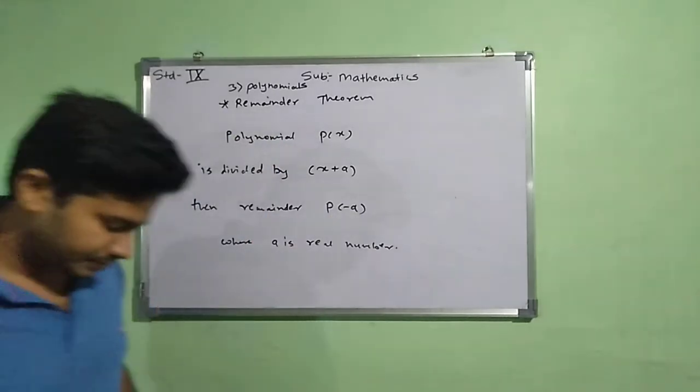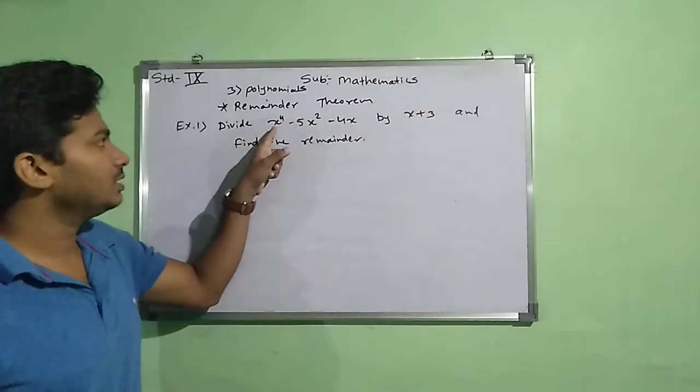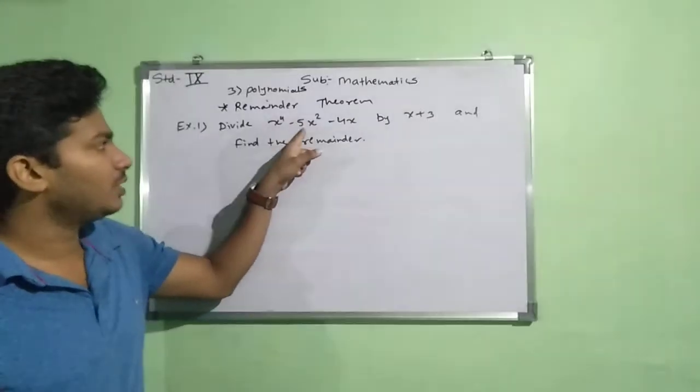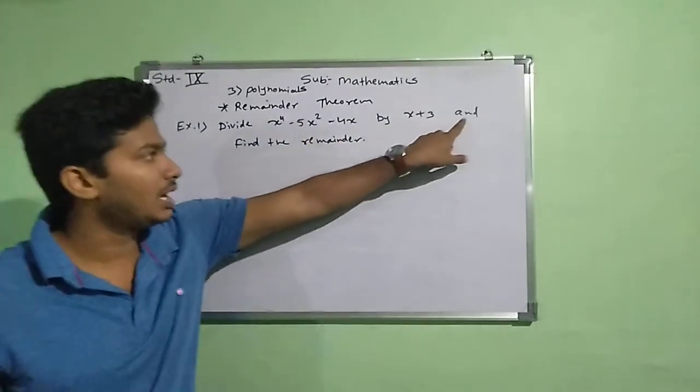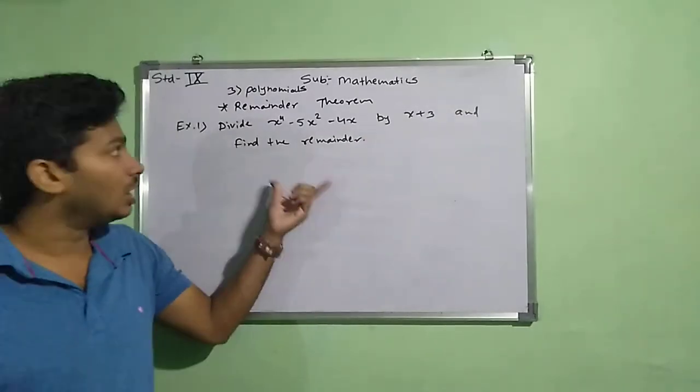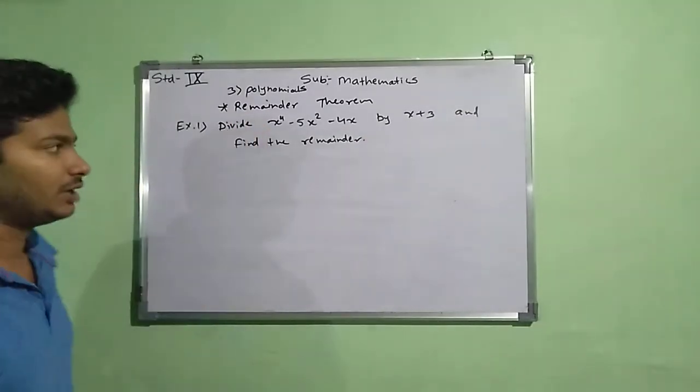This is example number 1. Divide x raised to 4 minus 5x square minus 4x by x plus 3 and find the remainder. Now we will use the remainder theorem and find the remainder.